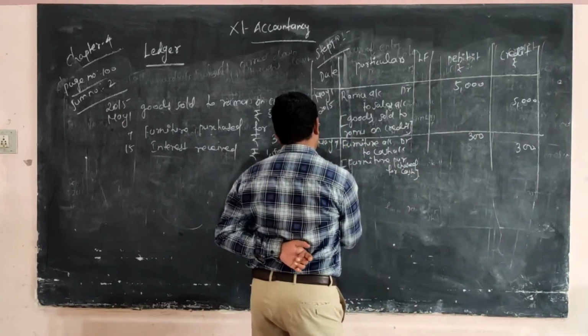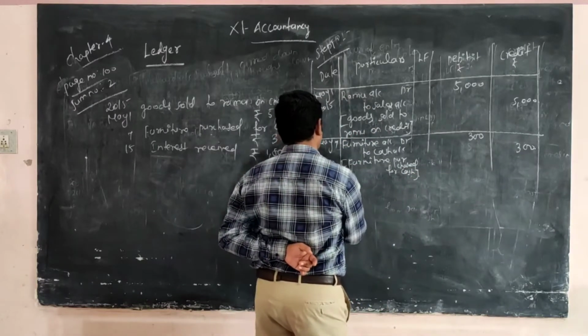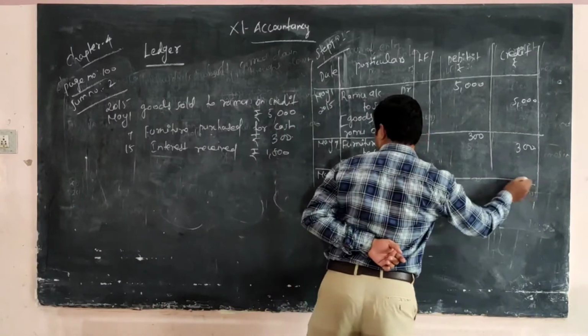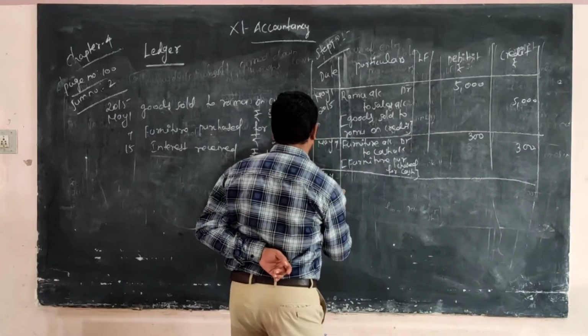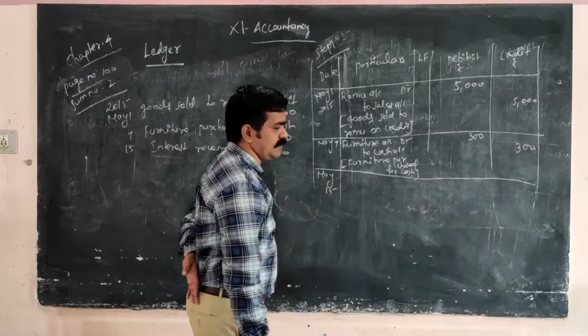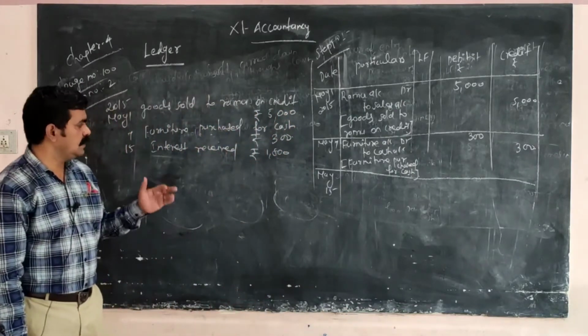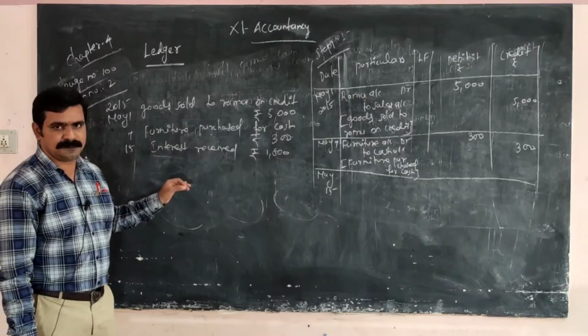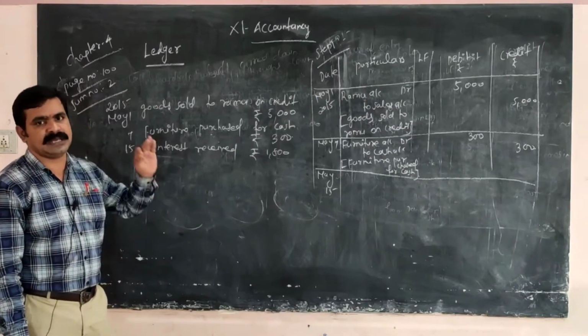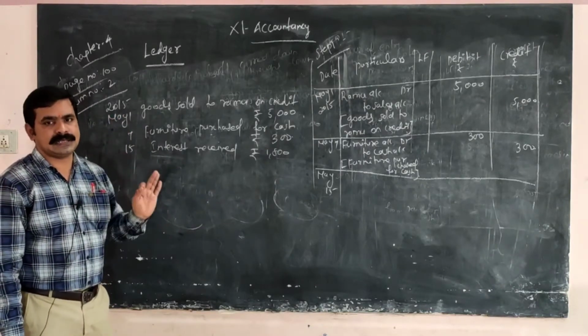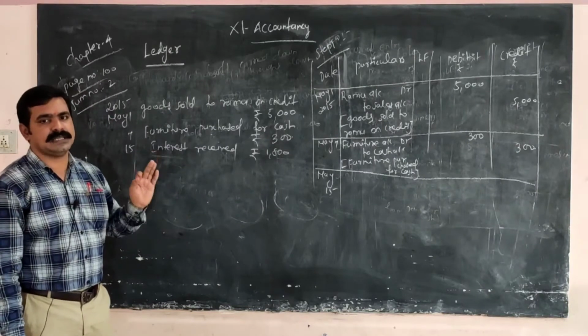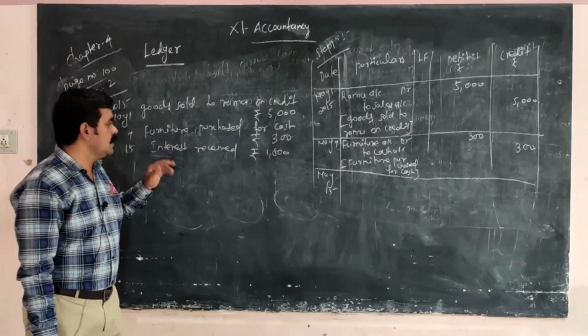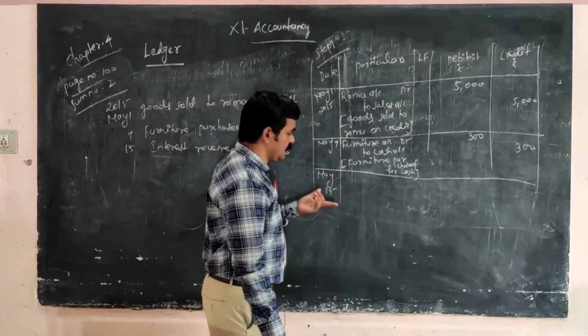Last, May 15, interest received. Cash comes in. What is the purpose? Interest received. Interest is one of the nominal accounts: credit all incomes and gains. So cash comes in, a real account.